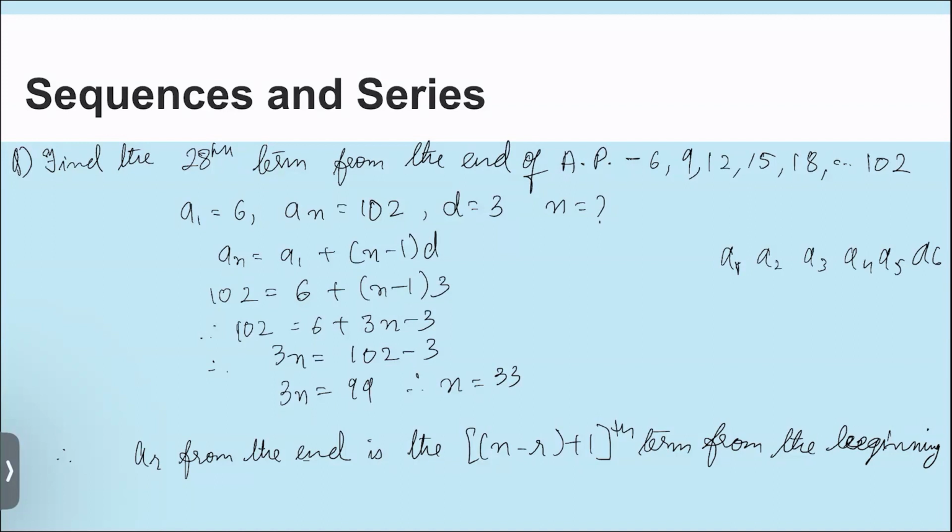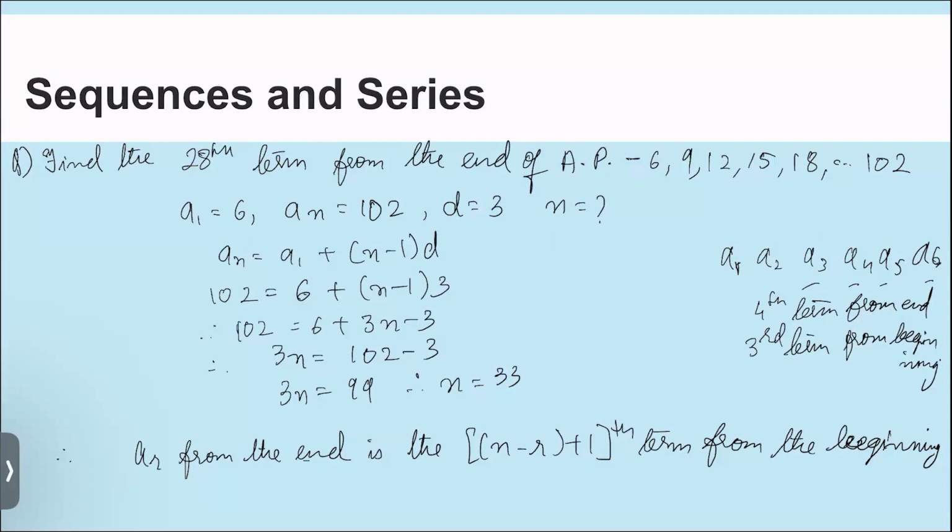Now if you want to find the fourth term from the end, the fourth term from A6 would be 1, 2, 3, 4, so the fourth term from the end is actually the third term from the beginning.